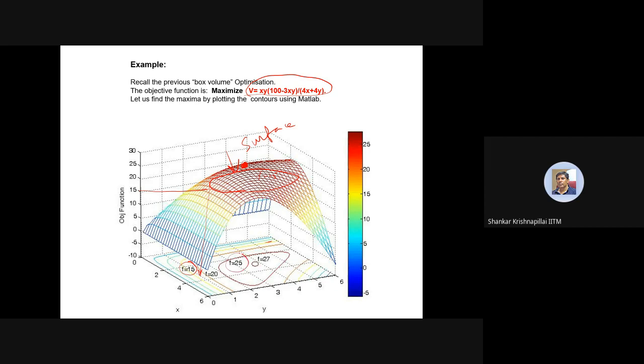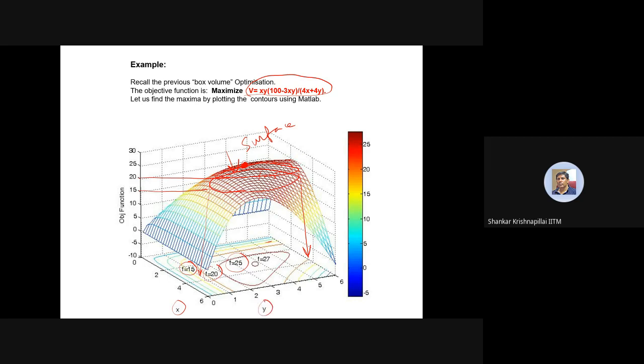Then here f equal to 25, 27, 20, etc. So 20 is like this, and you slice it at f equal to 20, and this cross section is the contour, which has to be projected down. The contours are projected on the xy plane.